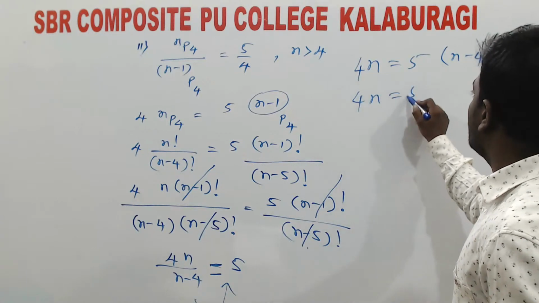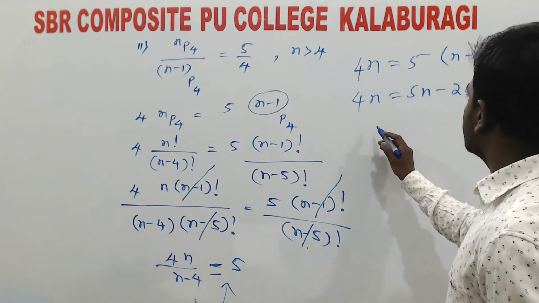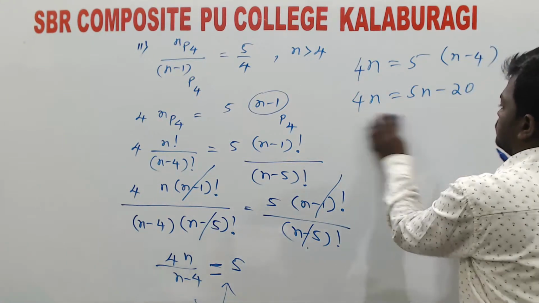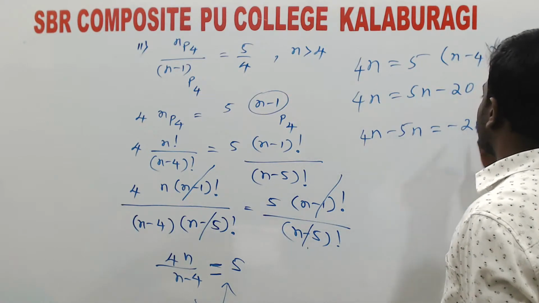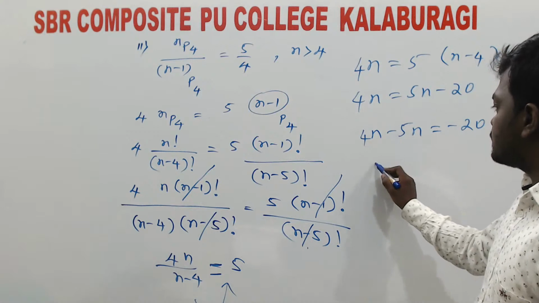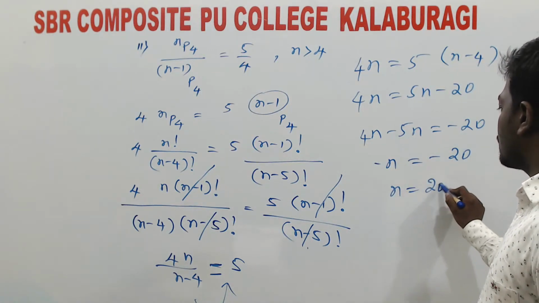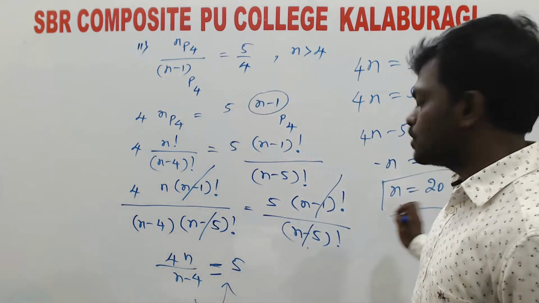So 4n is equal to 5n minus 20, 5 fours are 20. So shift this side: 4n minus 5n is equal to minus 20, that is minus n equals minus 20. So n is equal to 20. So the value of n in the second bit is 20.